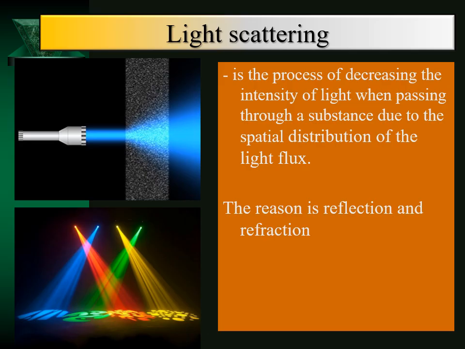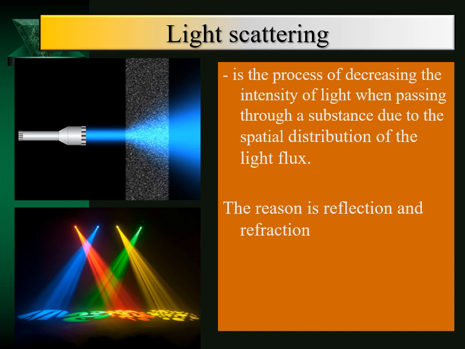Look, the definition of light scattering is formulated in the same way as the definition of light absorption. In other words, both refer to the processes of reducing the intensity of light when passing through a substance, but the reason for the absorption of light is the transformation of energy. The energy of light turns into heat, into chemical processes, and other things.